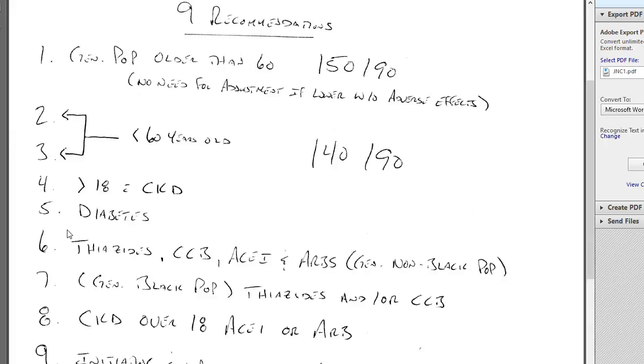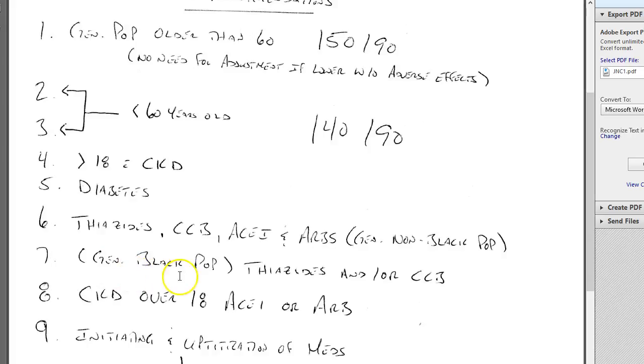It's just one that fell out of favor for a while, and then when JNC8 came out, they started pushing that as mainly being the frontline diuretic to use over HCTZ. So anyway, that's your regimen in terms of initiating therapy in the general non-black population. Now, in the generalized black population, it's thiazides and/or calcium channel blocker.